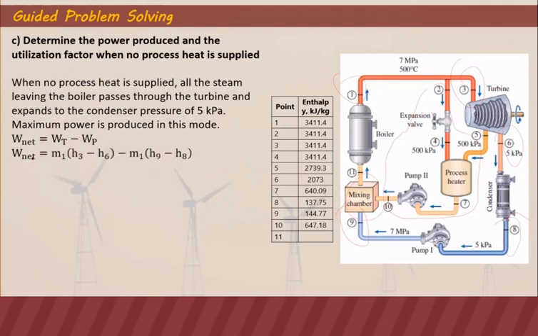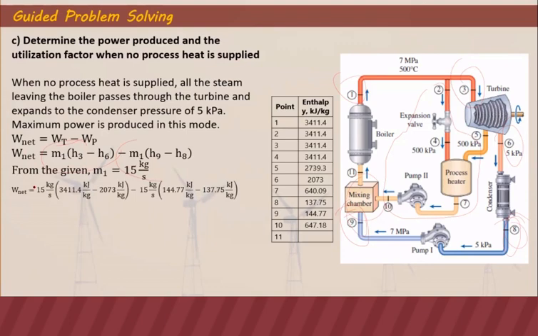For the power produced, the work of the turbine is M1 (H3 minus H6), the change of enthalpy in the turbine, minus the work of the pump, which is M1 times the difference of enthalpy in the pump, H9 minus H8. So our net work, when there's no process heater, if we substitute the mass flow rate of 15 kilogram per second, is 19,970.7 kilowatt. So this is the power that can be produced when no process heat is supplied.